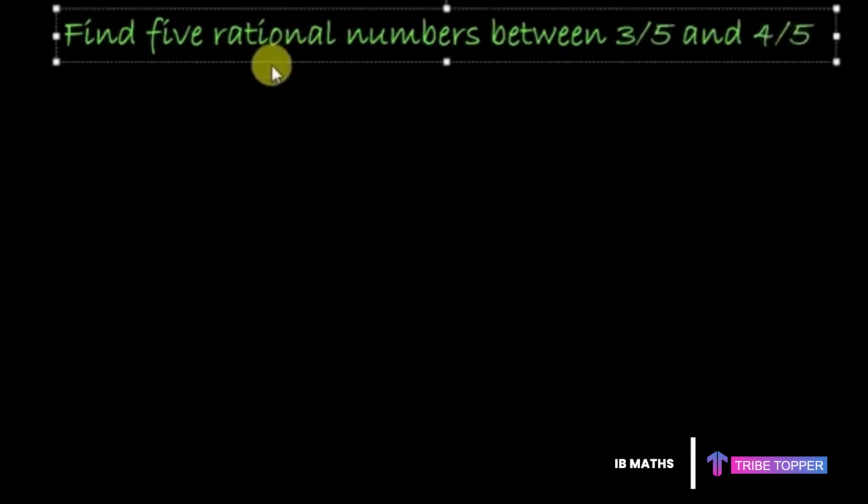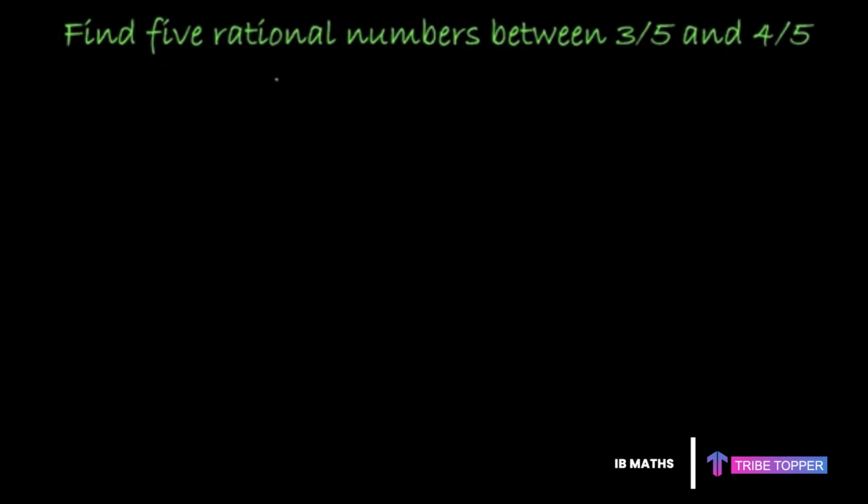So now we move to the next question, which says find 5 rational numbers between 3 by 5 and 4 by 5. Now since the question demands us to find 5 rational numbers between the fractions 3 by 5 and 4 by 5, we multiply and divide these numbers by any number greater than 5.